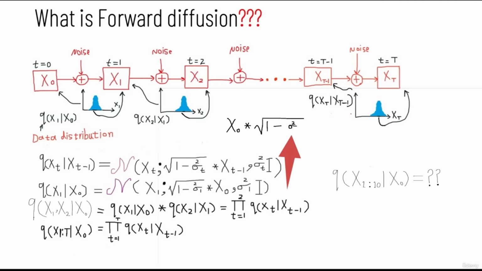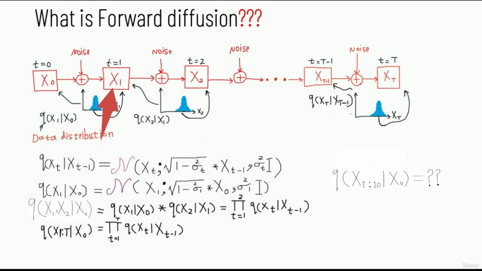And the variance here is the variance of the Gaussian noise that we added to x0. And we will use this distribution to get the value of x1 variable at time step 1. And we can represent this distribution by q of x1 given x0.